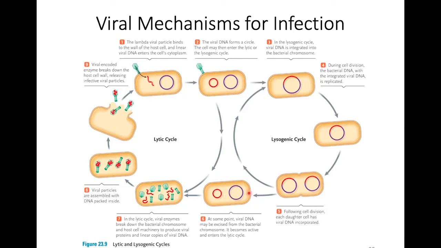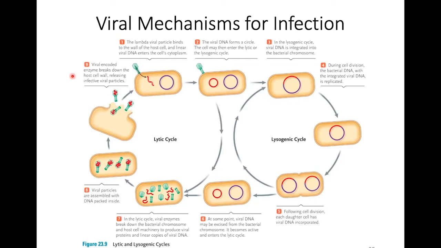And so we can see here, you have the lysogenic phase feeding into the lytic phase. And during this lytic phase, we have the protein coat being created from the viral DNA to ultimately assemble new viruses. And then the virus-encoded enzymes that they can release will break down the host cell wall, killing the host cell, and then releasing the virus into the extracellular environment.